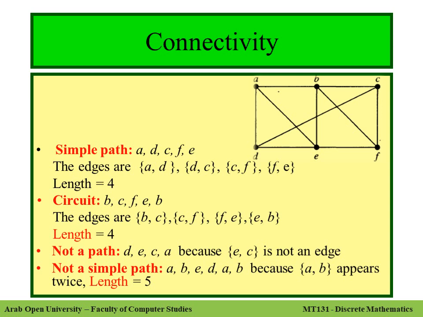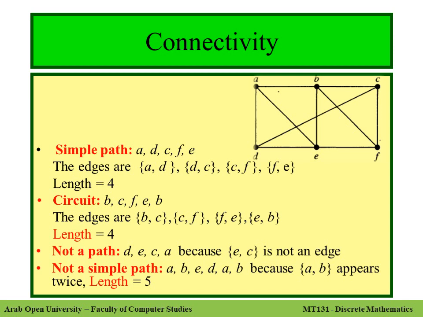This is a path that starts at A, and then we go to D, and then to C, and then to F, and end with E. So this is a path from A to E. Of course it uses 4 edges, so the length of the path is equal to 4.